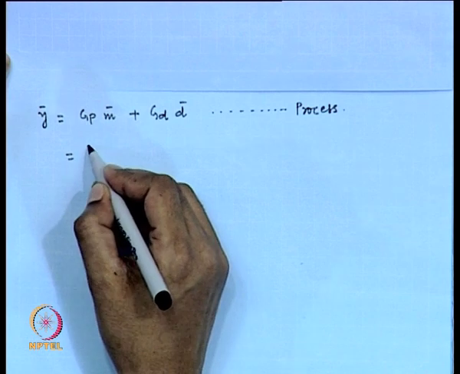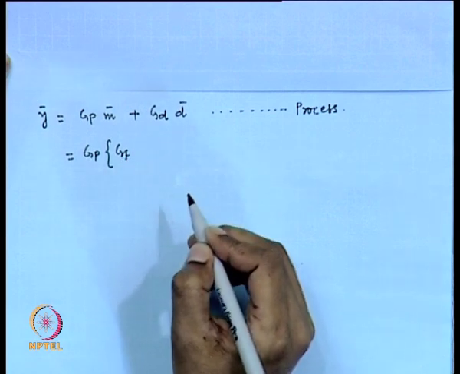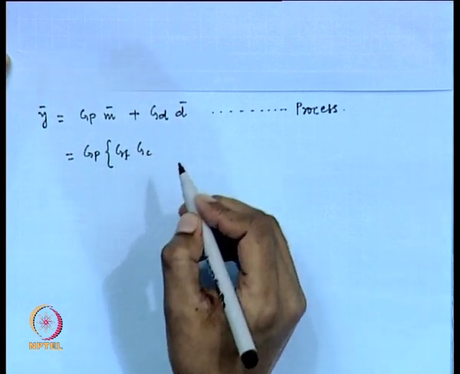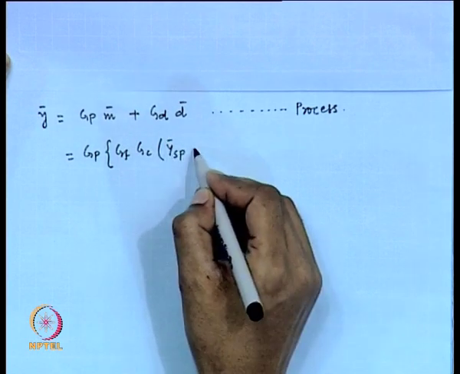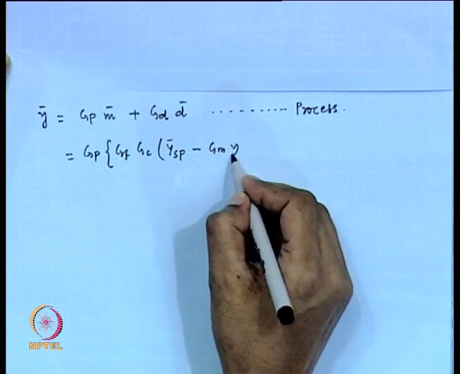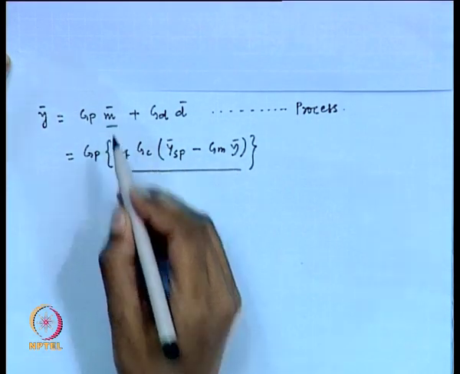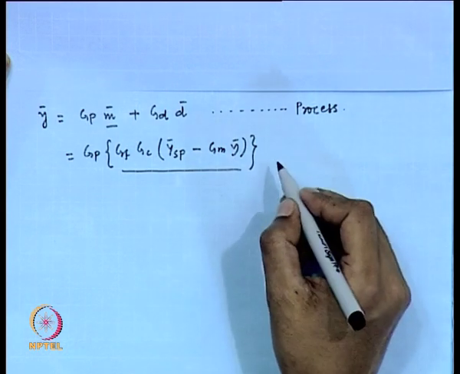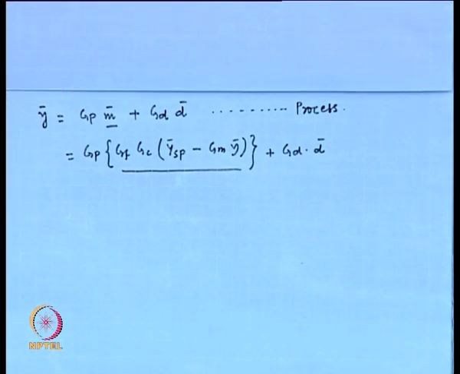So, G p multiplied by m bar, that means G f, G c, y set point minus G m y bar. This is m bar. Now, the second term is Z d d bar. Fine. We have just substituted the expression of m bar in the equation of process.